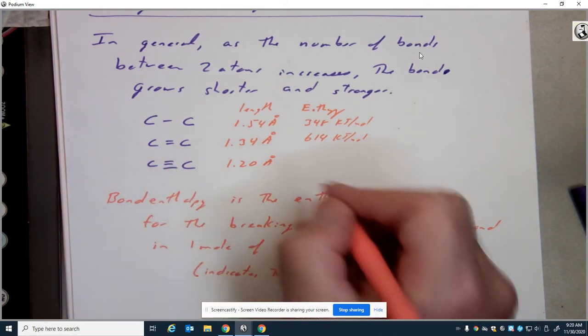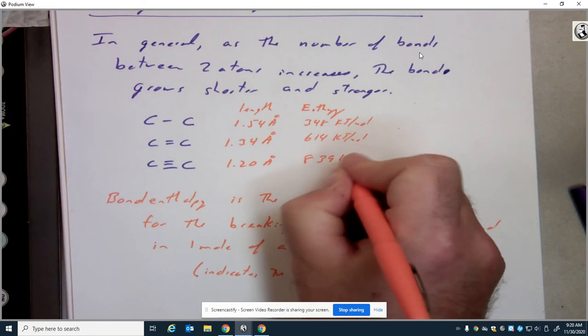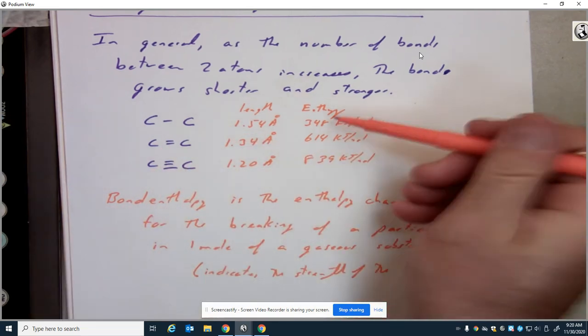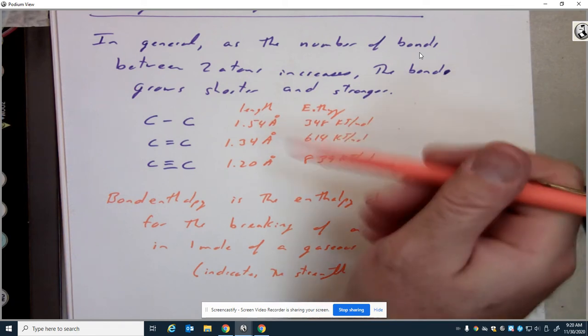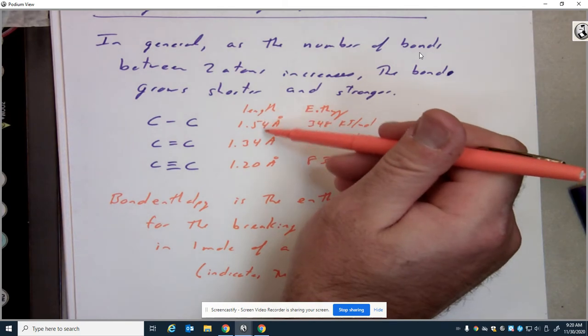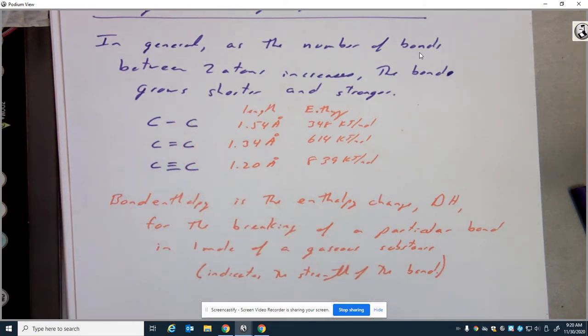Triple bond, 839 kilojoules per mole. So you can see that this strength is getting stronger and stronger, and as that strength of attraction is getting stronger and stronger, the atoms are getting closer and closer together. And this is true in pretty much everything that we see when we compare these single, double, and triple bonds.